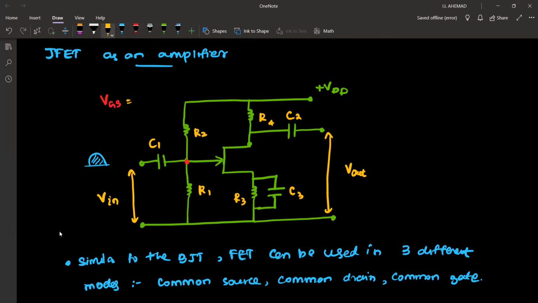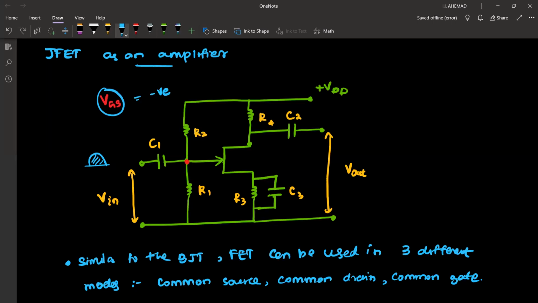We know that VGS is VG minus VS. VS is same. But VGS is maintained negative, right? VGS is a negative value.